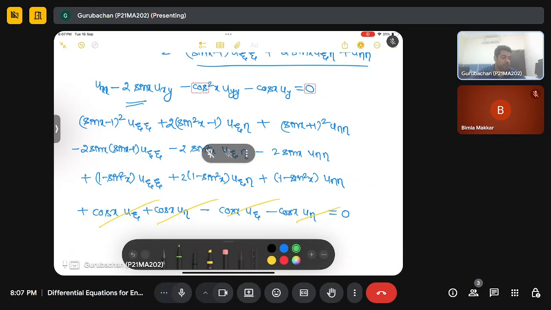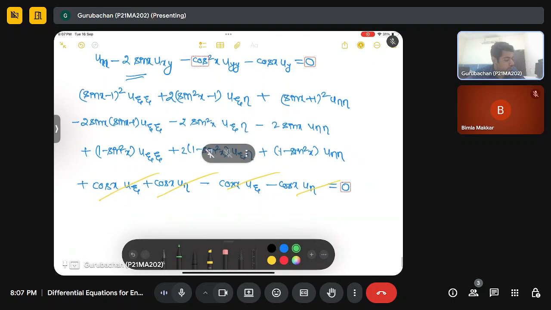Next, we want to cancel out this u xi xi. We may check this. This is sin square x, this is minus 2 sin square x, and from here you will get one more sin square x with negative sign. So can we do anything with that? Let me just write it.